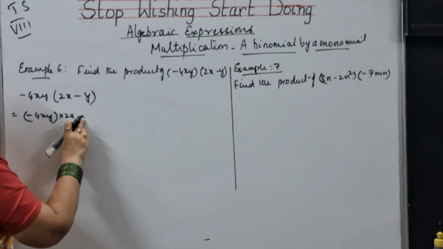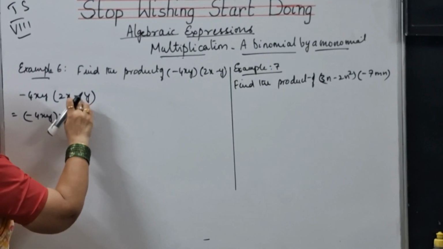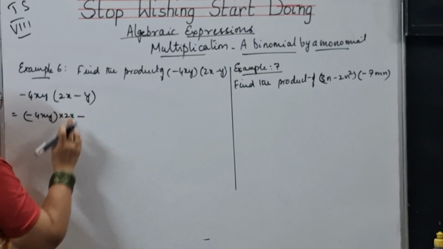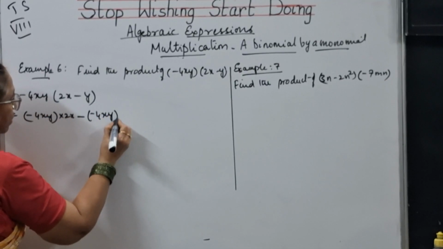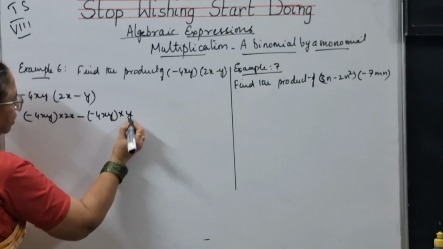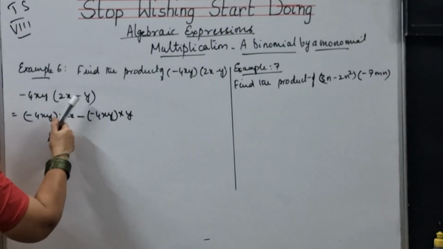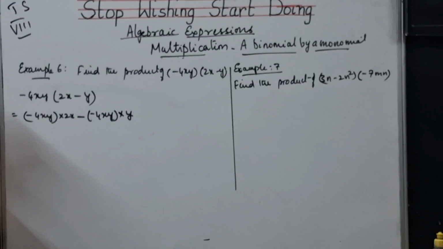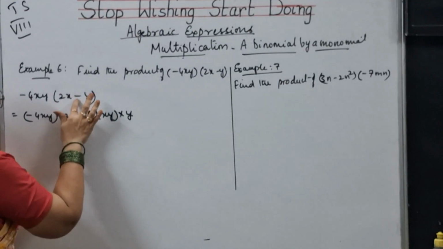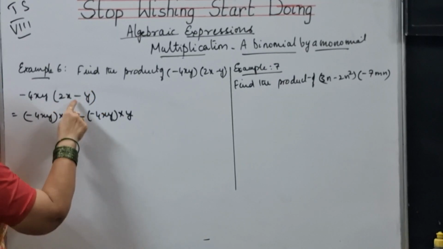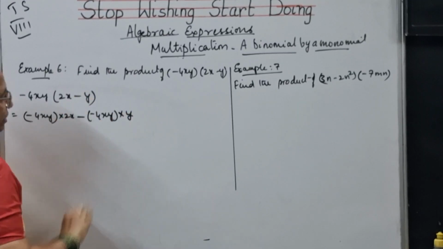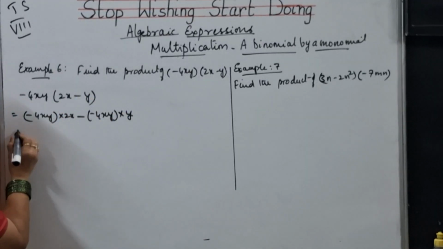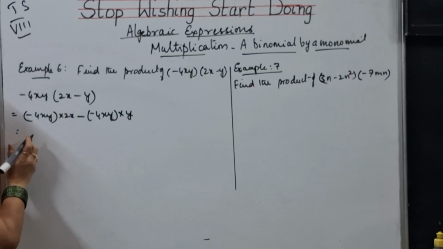If I write the minus sign here, this y has a minus sign, so it becomes a plus. Minus 4xy into y. In between, if you have a plus sign, write plus. If you have a minus sign, you write minus. If that minus comes here, this becomes plus. So, this is how much you are getting.